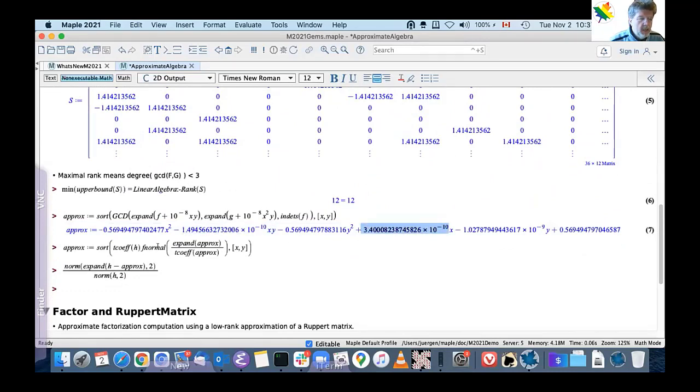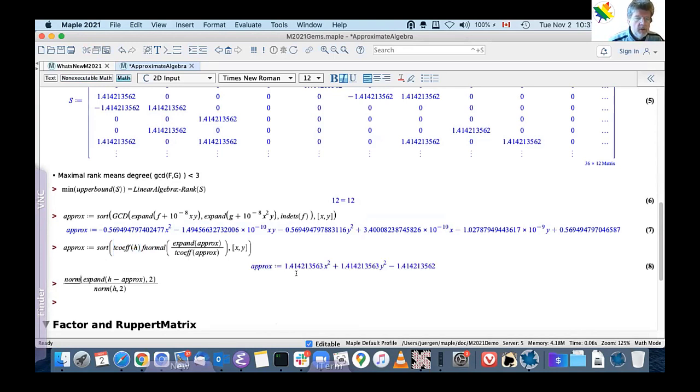So we use the command fnormal to get rid of the small spurious coefficients. And then we also normalize the trailing coefficient, not the leading coefficient, but the trailing coefficient. And then it already looks very, very much like the designated GCD that we started out with to construct this example. And here we compute the relative error, and it's on the order of what the value of Digits is. So for higher values of Digits, this can be made more precise.